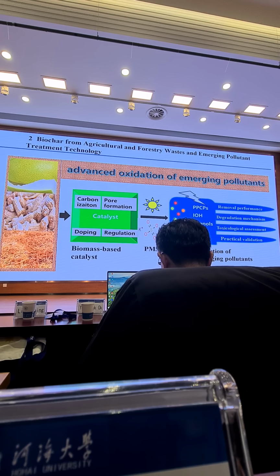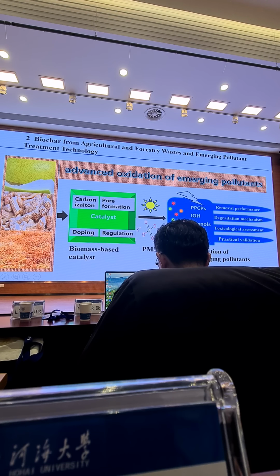So what we're talking about is the reduction of emerging pollutants. As you know, these days, from pharmaceuticals, even to eat the meat, the production practice uses a lot of chemicals that did not exist in nature in the past.